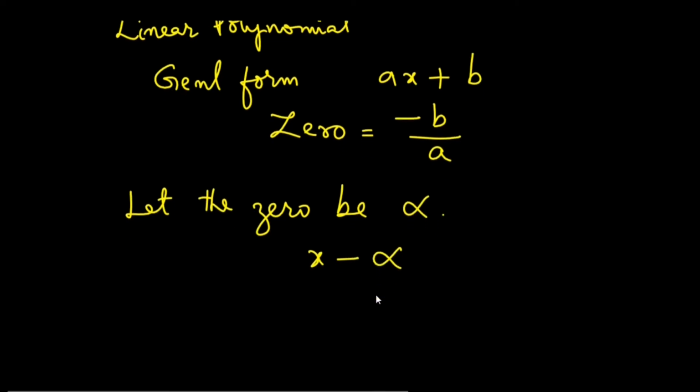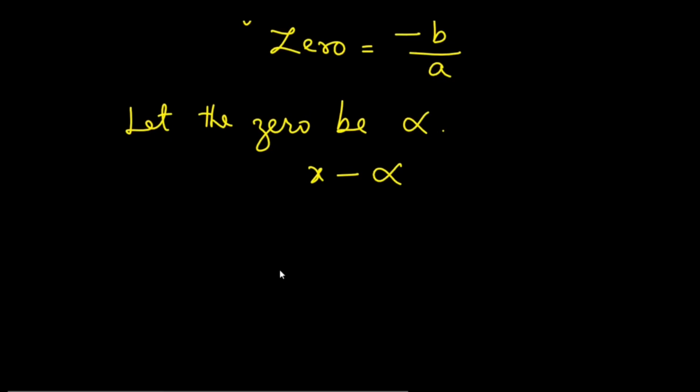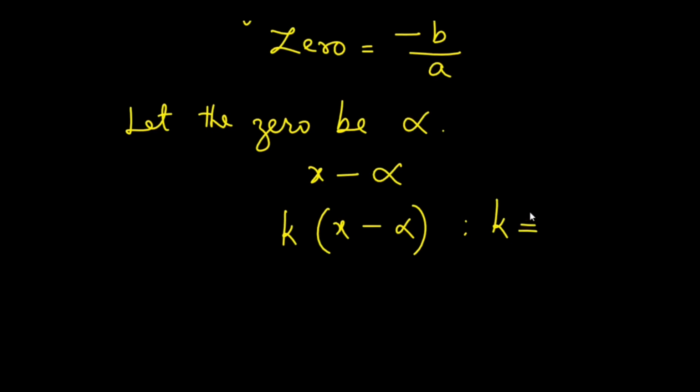There are infinitely many linear polynomials having zero alpha. So the linear polynomial is k into x minus alpha, where k is any real number not equal to 0. So we have the linear polynomial as k into x minus alpha.